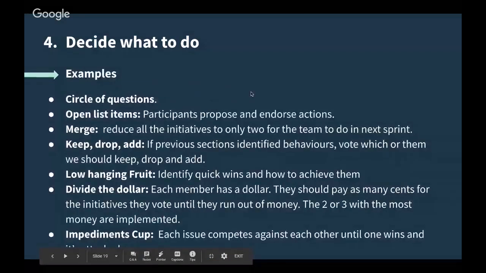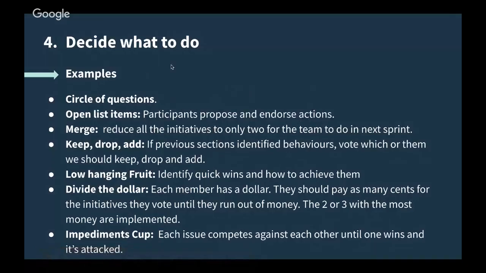And to do this, there are several tools you could use. For example, the first one is circle of questions. You basically ask everyone what would you do with this? And try to get consensus from that.